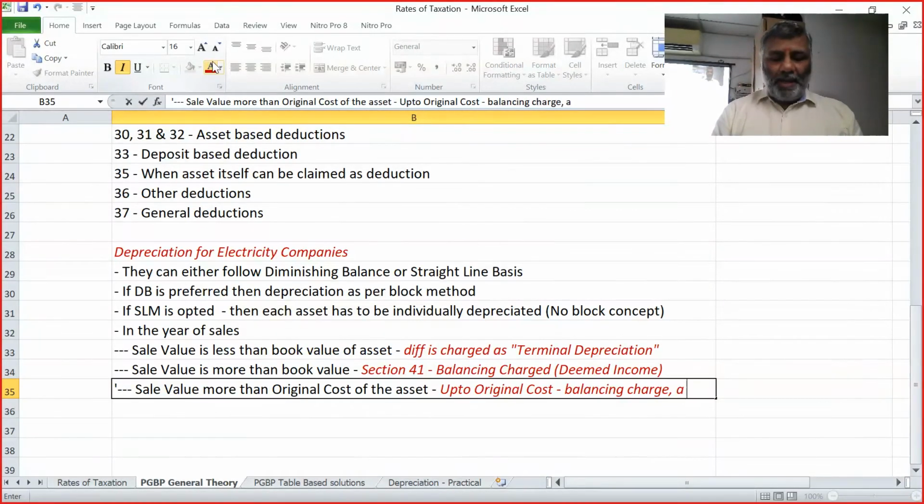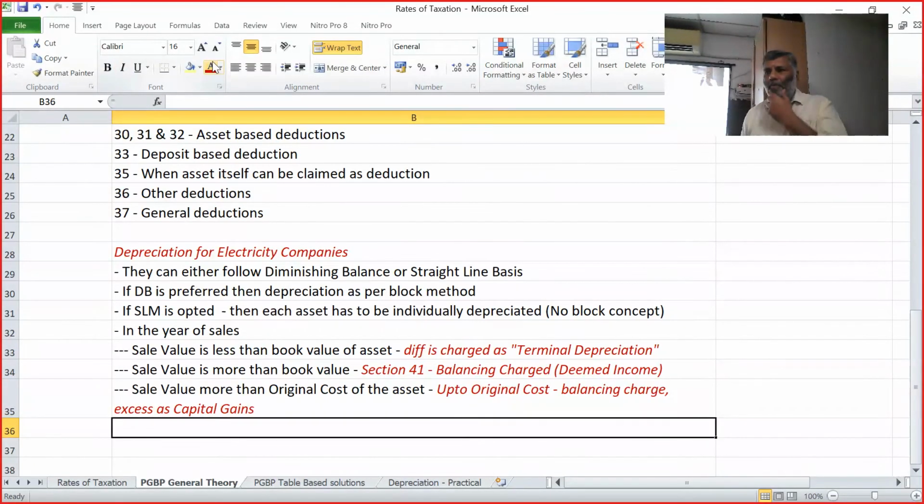The excess is taxed as capital gains. So I purchased the asset for 3 lakhs. Now the book value is 1 lakh. I am selling it for 4 lakhs. First 2 lakhs is balancing charge, and over and above the original cost, whatever we get is capital gains.